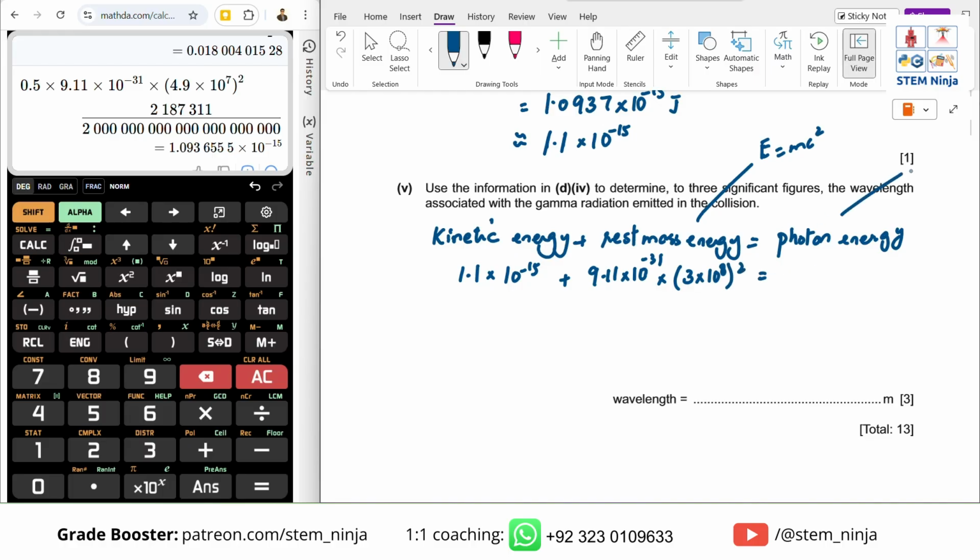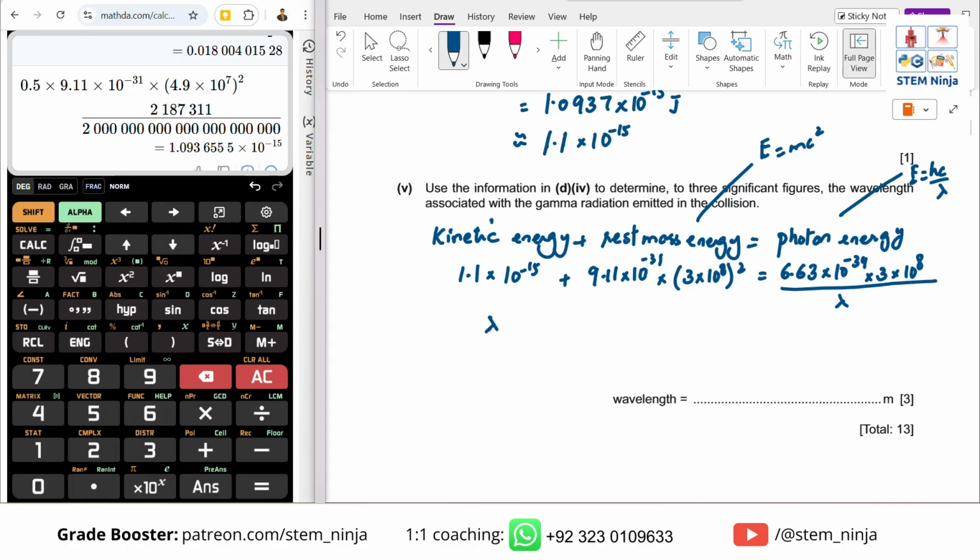Photon energy is E equals hc over lambda, so 6.63 × 10^-34 times 3 × 10^8 divided by lambda. So lambda would simply be a result of division.